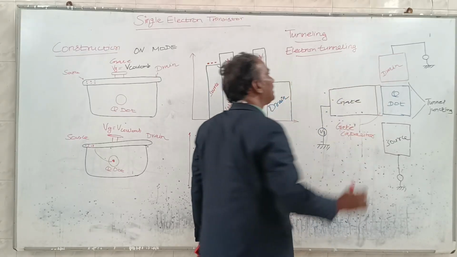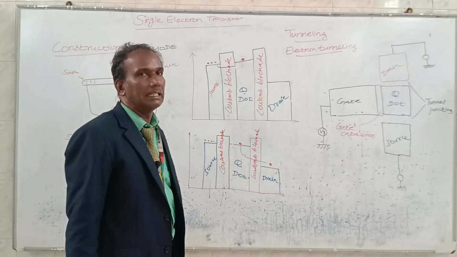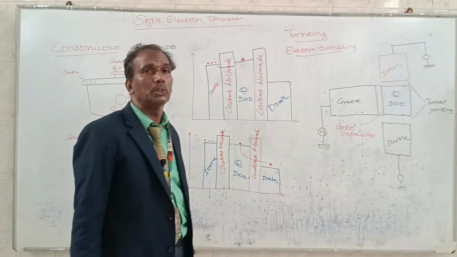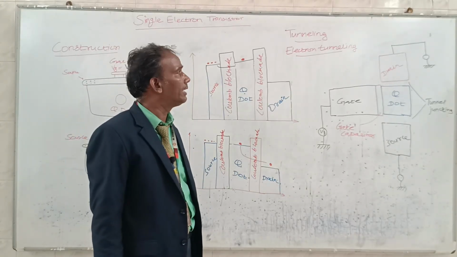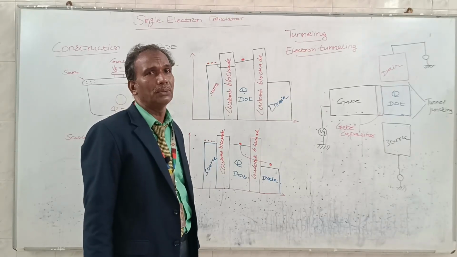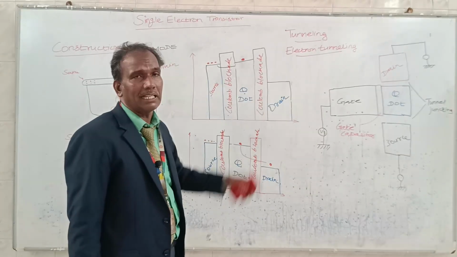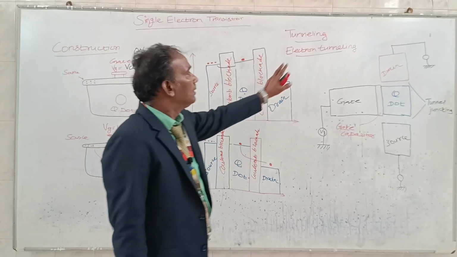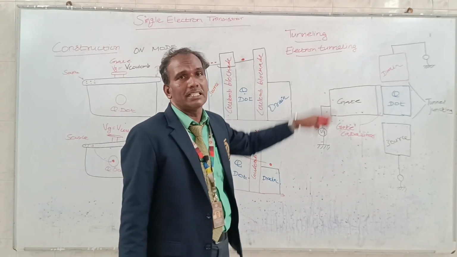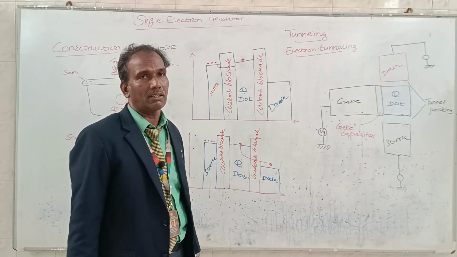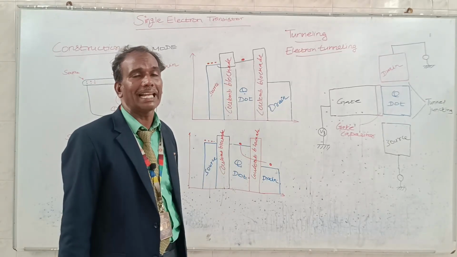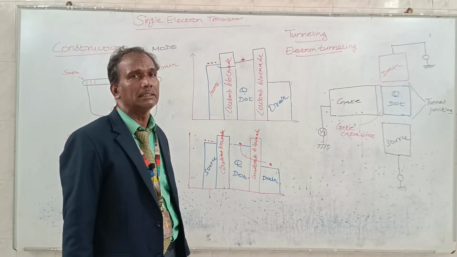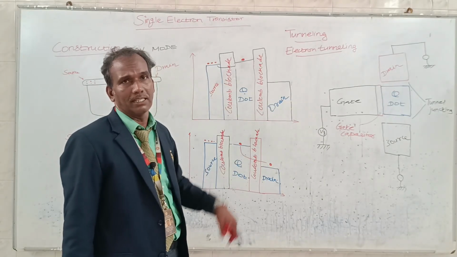Electron tunneling can be understood through two concepts: one is the classical view and the other is the quantum view. Under the classical view, the electron exhibits its particle nature, so it cannot penetrate through the energy barrier.